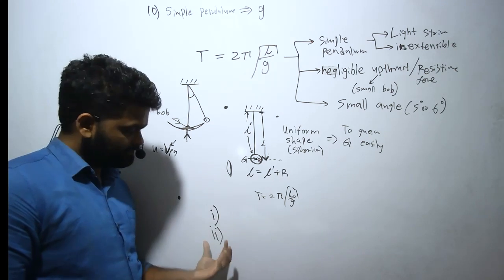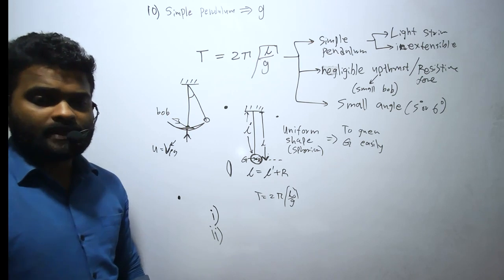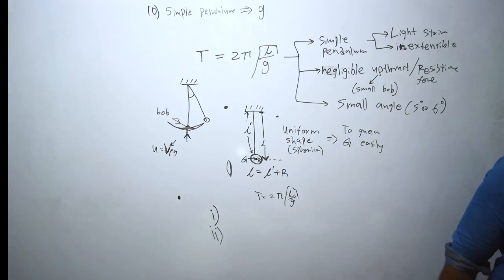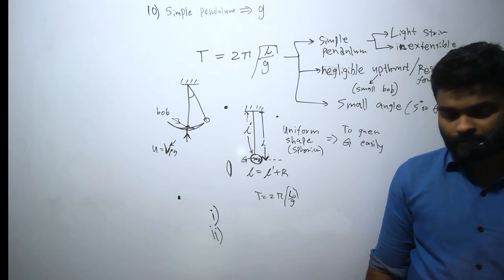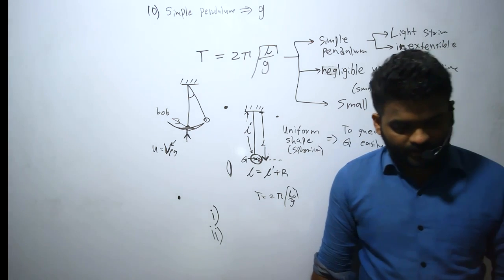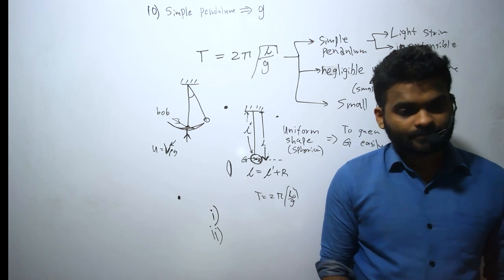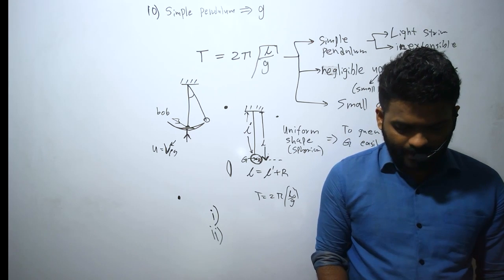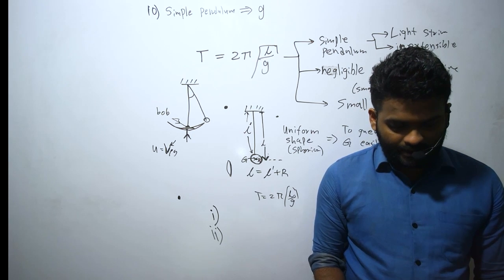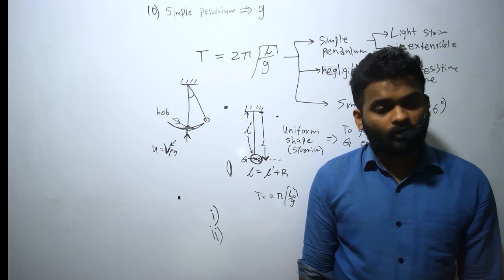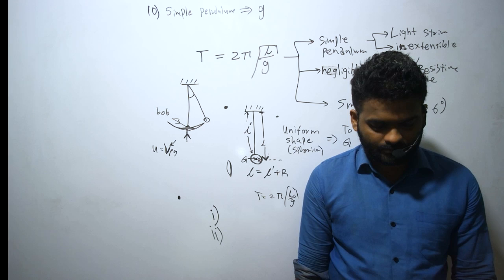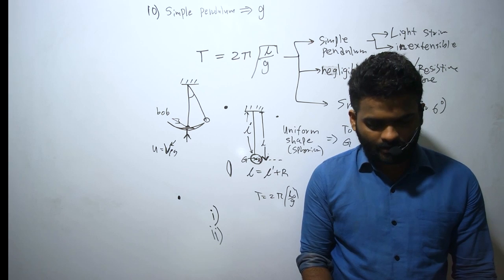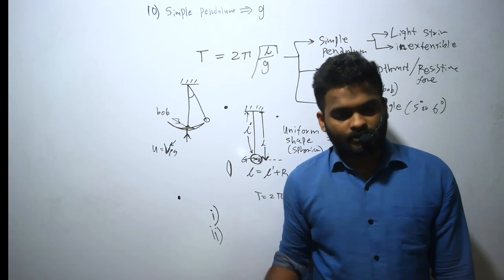Second one, under the main thing: when the bob is small, upthrust and air resistance are lower.